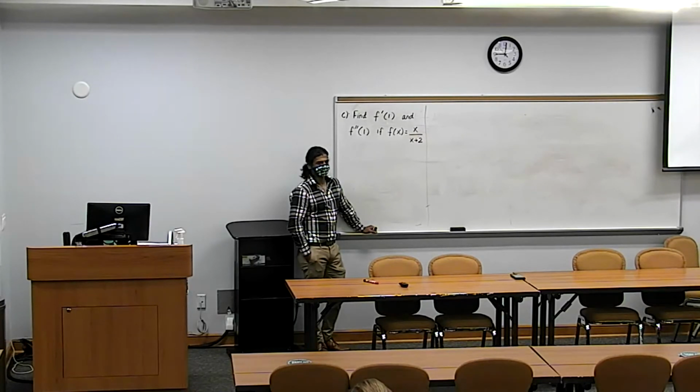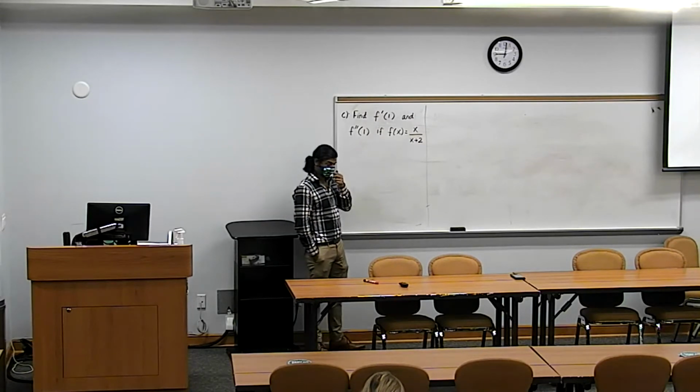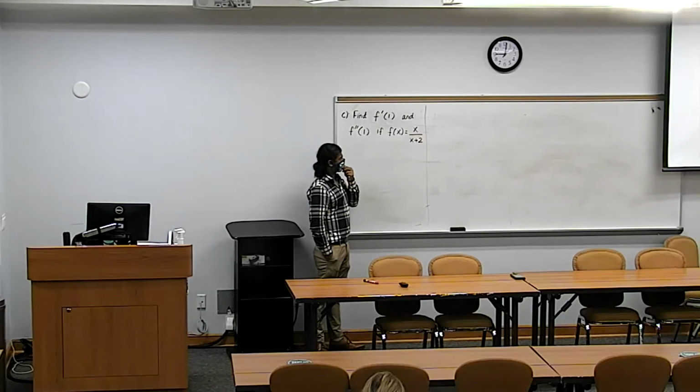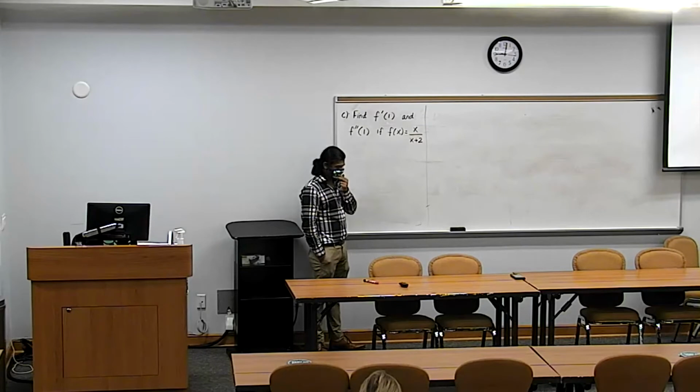I got, for the first derivative, x times x over x plus 2. Okay. Now, what did you get? That's probably wrong, but I got 2 over 9. 2 over 9 is the correct answer.